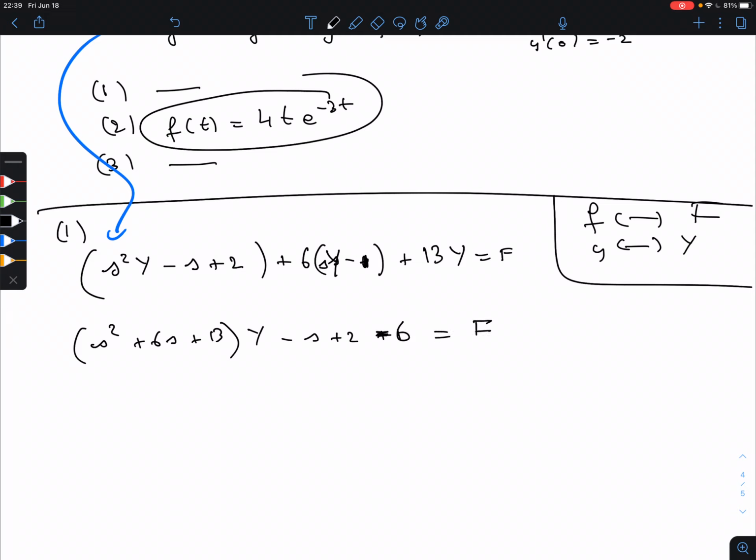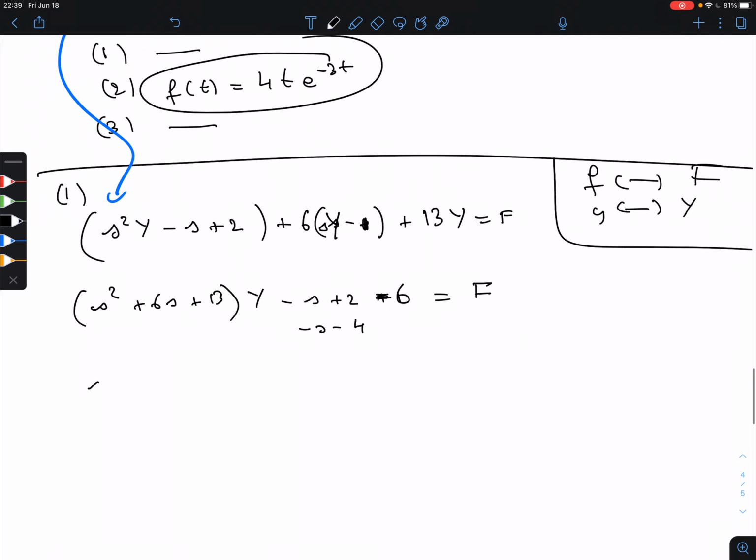Let me not do it too fast here. s squared Y, 6sY, 13Y, minus s plus 2 minus 6. So this would be minus s minus 4.